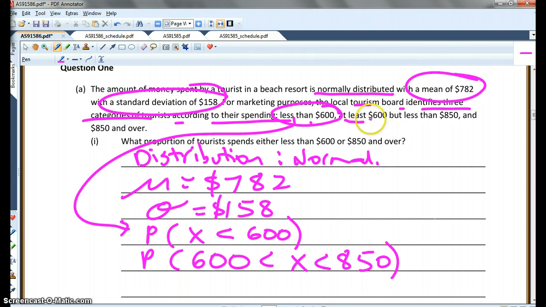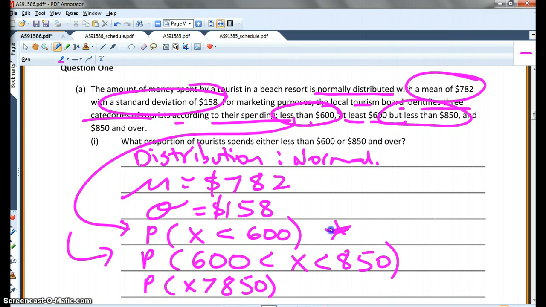At least 600 but less than 850 is that one. And over 850, probability X is over 850, is the other one. What proportion of tourists spends either less than 600 or over 850?